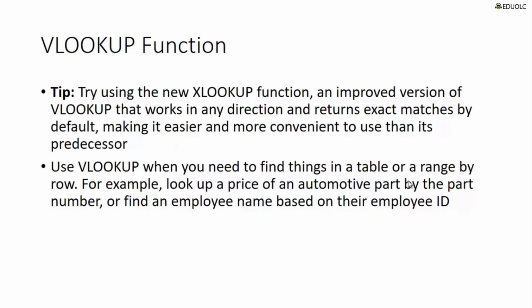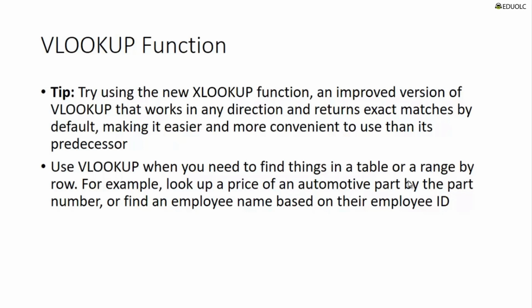So for example, look up a price of an automotive part by the part number. Let's say the part number is in column A and the prices are in column B. Now you search for the prices using the part number from column A using equal to VLOOKUP function.